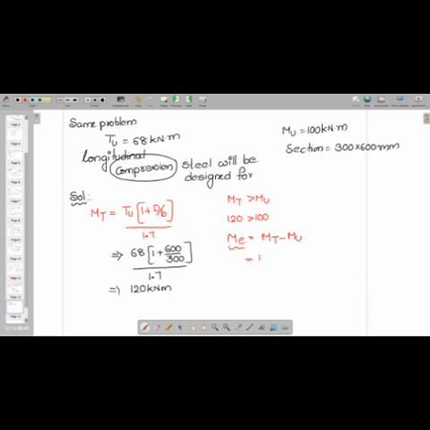That is equal to 120 minus 100. So you can write here 20 kilonewton meter. Any doubts in this, students? Very good, sir. Everyone, is it clear? Sir, now my intention is clear for you, right?